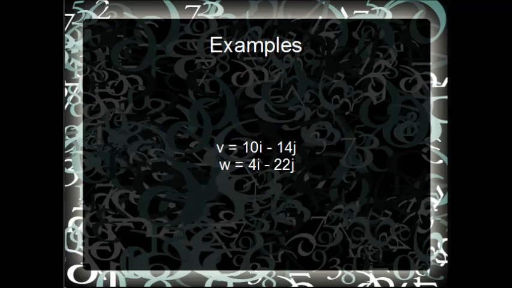And we'll do a second example where vector v is 10i minus 14j and vector w is 4i minus 22j. I'll give you a moment to solve it.